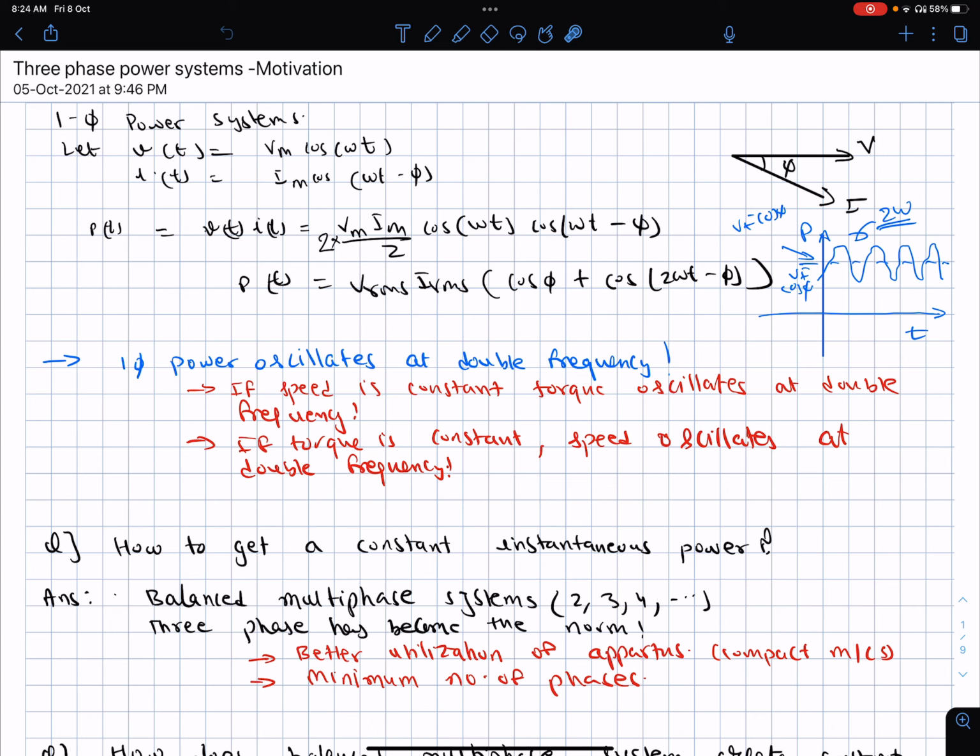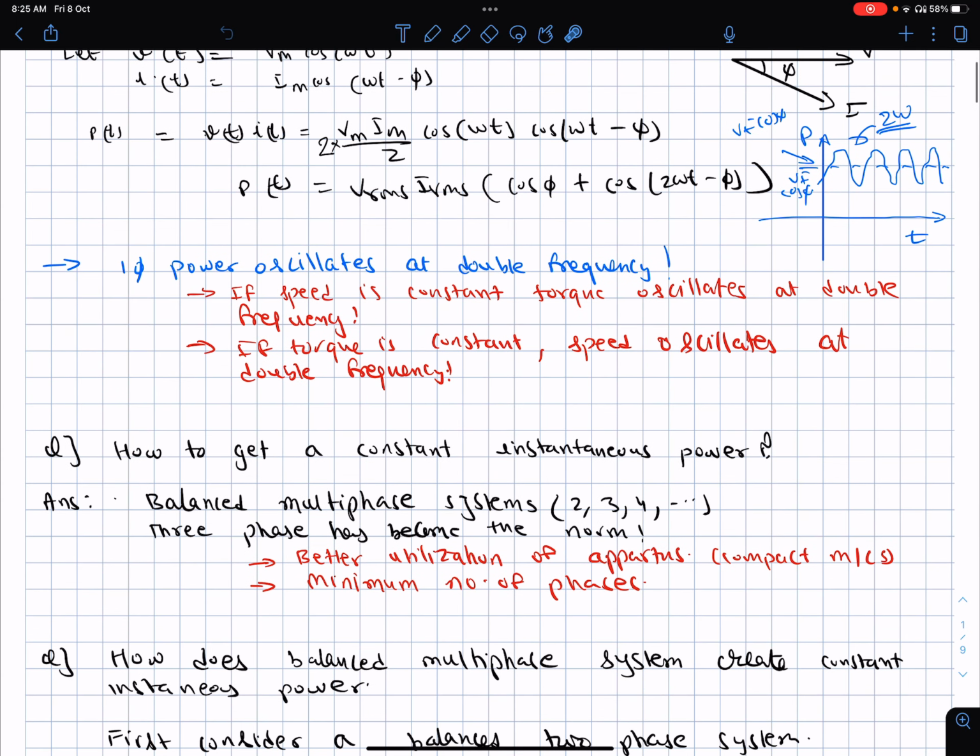And if you are having a pulsating single phase power, then a pulsating mechanical input may be required, and that kind of a thing is also not possible. So if the speed is constant, then the torque oscillates, and that is also not desirable. Hence, we need to devise something in which we have a constant instantaneous power.